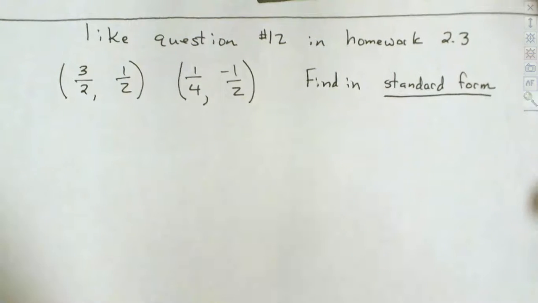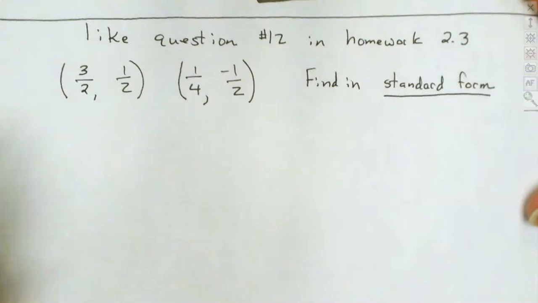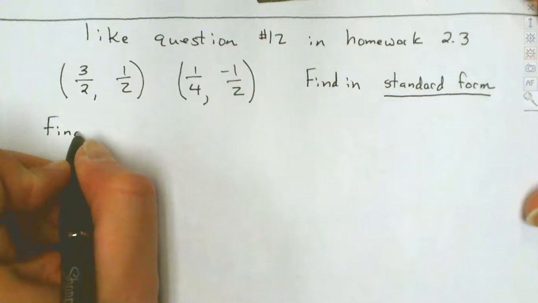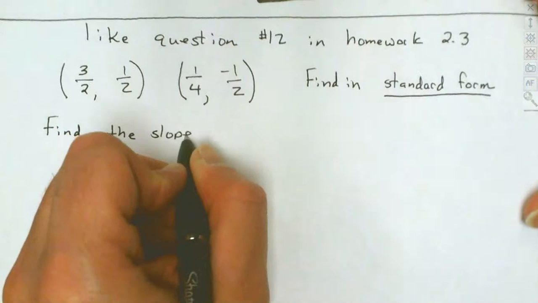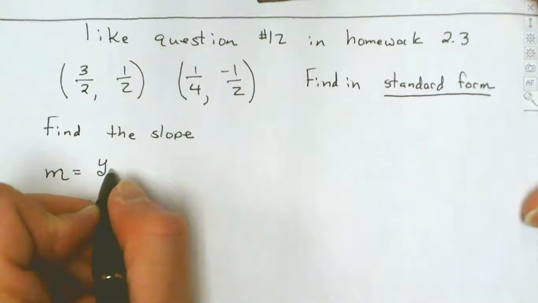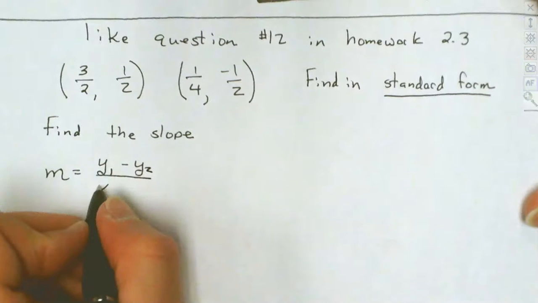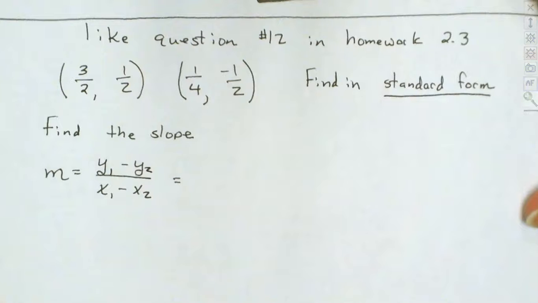We need to first find our slope. So we're given 2 points. So the first thing we need to do is find the slope. And that's m equals y1 minus y2 over x1 minus x2.